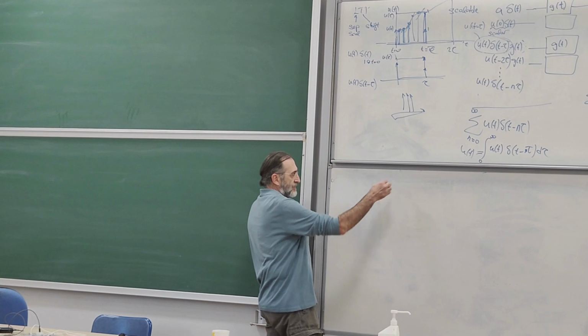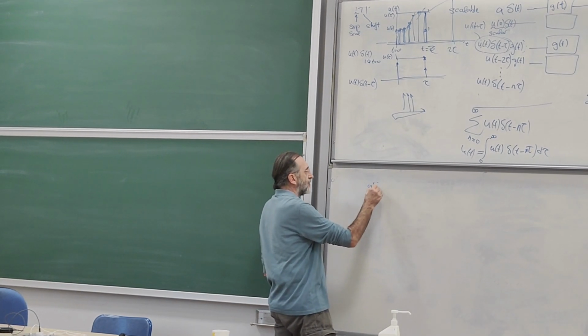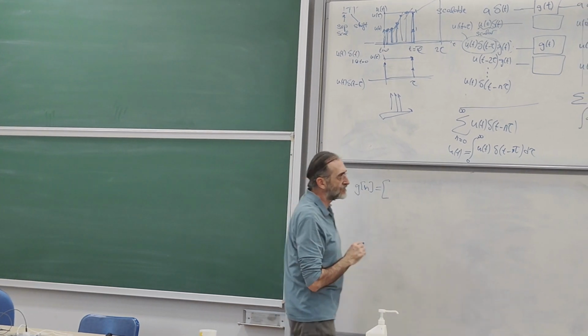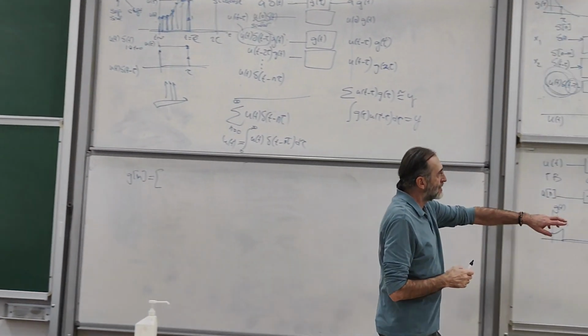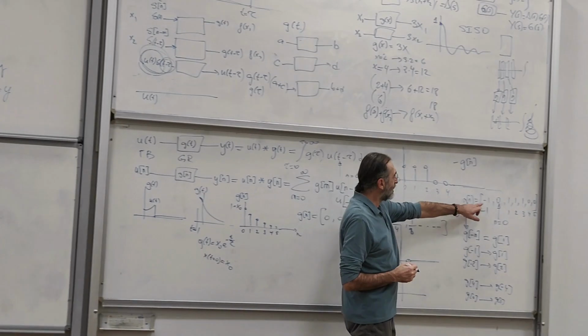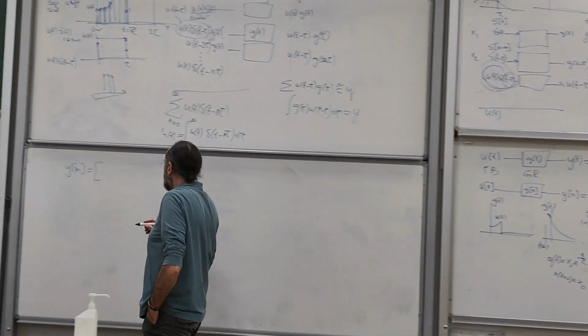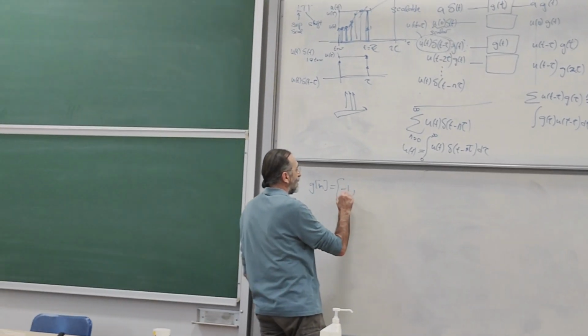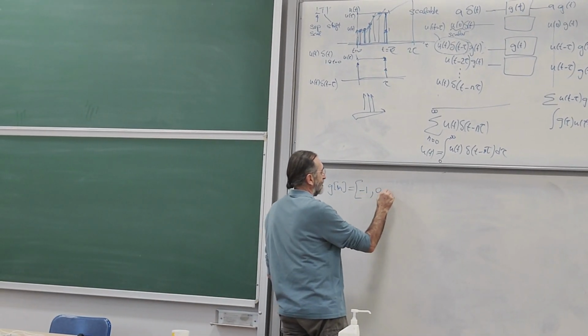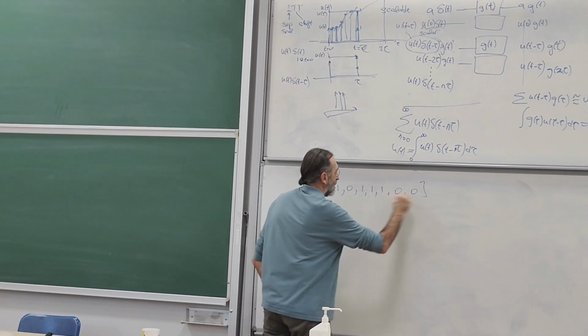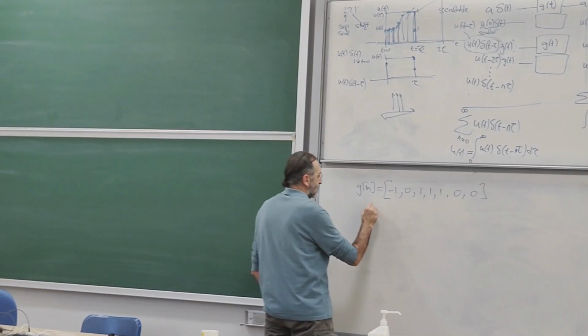Let's see. Tell me what G of n is. What is G of n? Minus 1, 0, 1, 1, 1, 0, 0, right? So, what is this represented as?